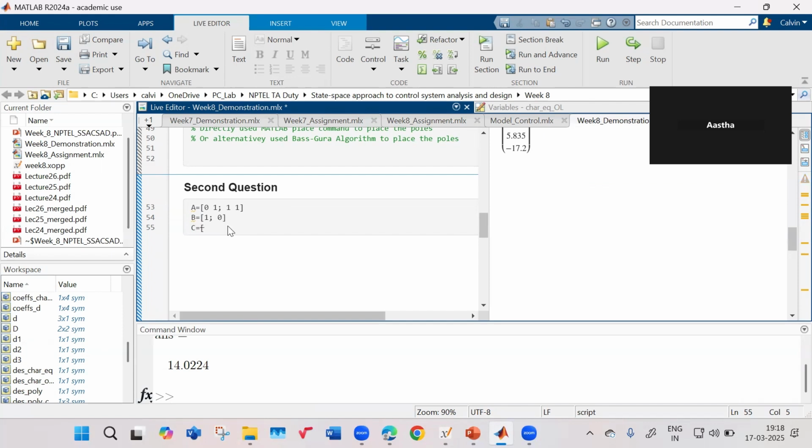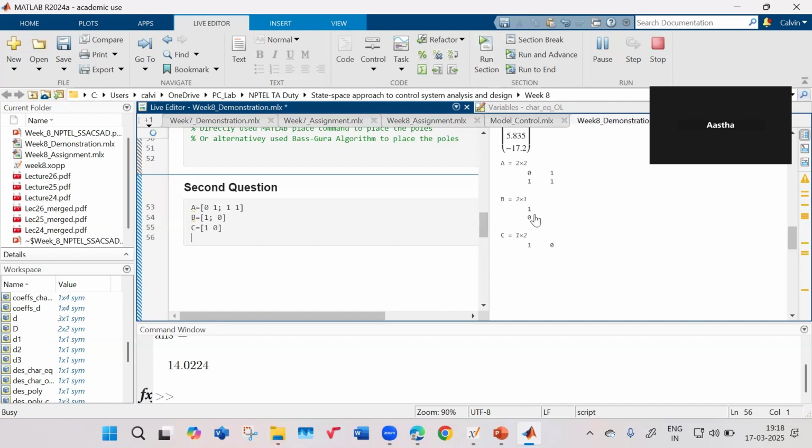C is, sorry, 1 0. So this is our A, B, C matrix. Let's just run and check whether it's coming properly. So we have got the A, B, C matrices.